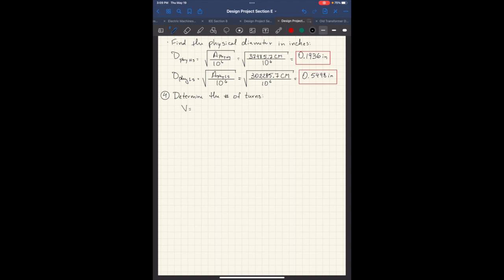The equation is given like this: 4.44 times number of turns times the frequency times the flux density, and finally times the cross-sectional area of the core. This basically comes from Faraday's law.